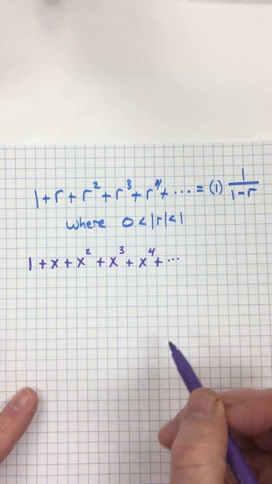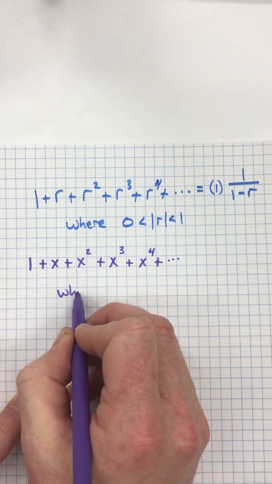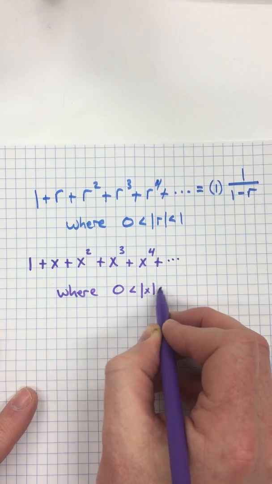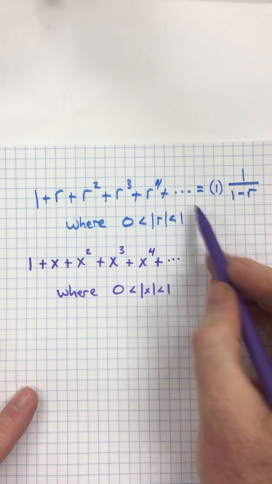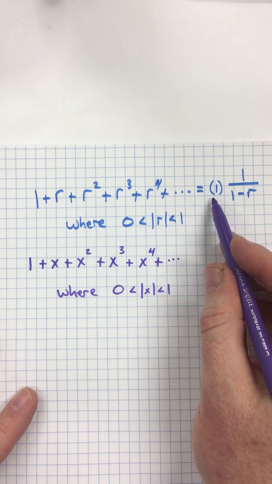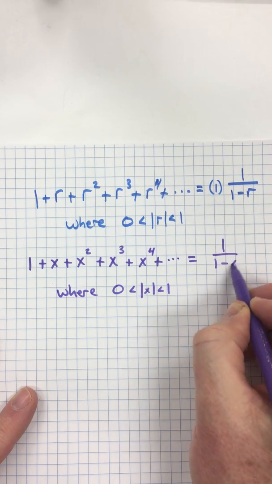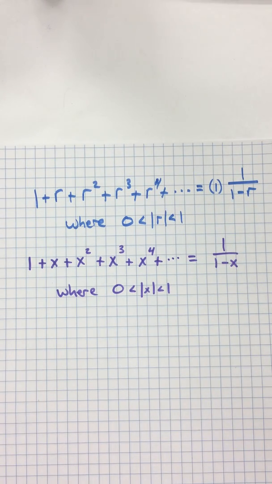So I'm going to rewrite this with an X. I'm going to say that X is following our rule. And then if I do this, well, I can drop the 1, right? Because anything times 1 is just itself. What I end up with is this relationship.